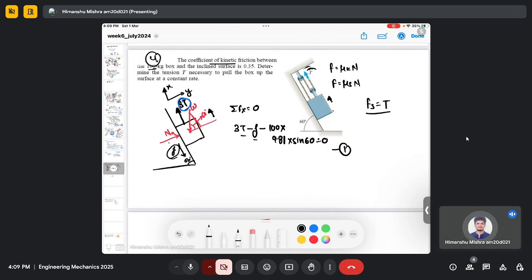So in that case, what happens? The motion is yet to start. When the motion is yet to start, we call this the impending motion. And after this, we usually take the kinetic coefficient of friction.